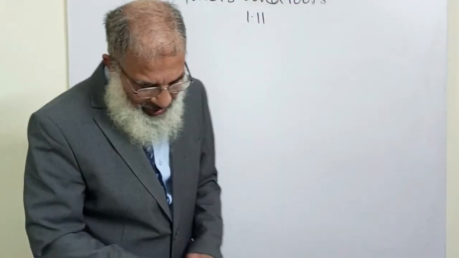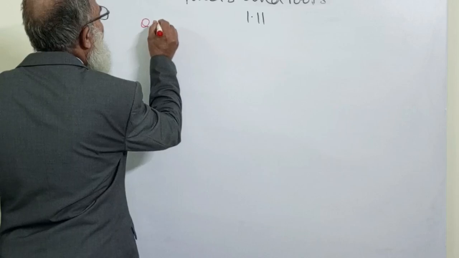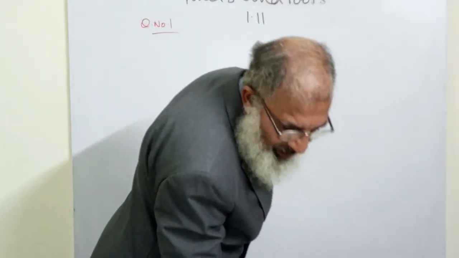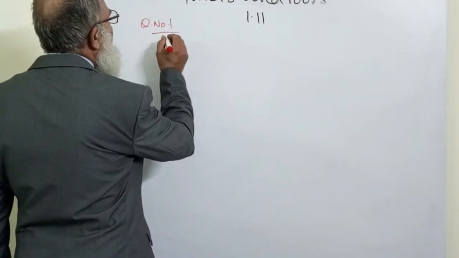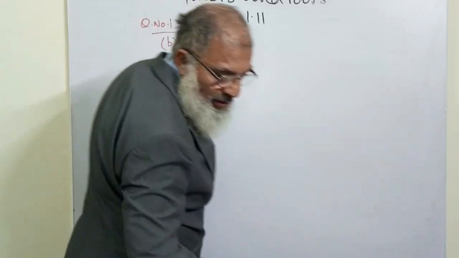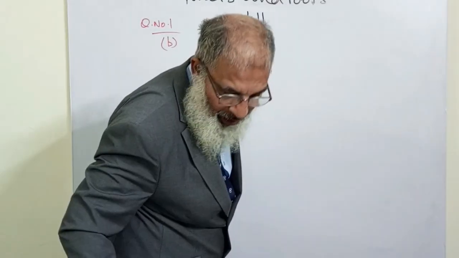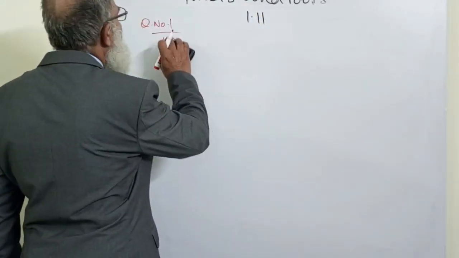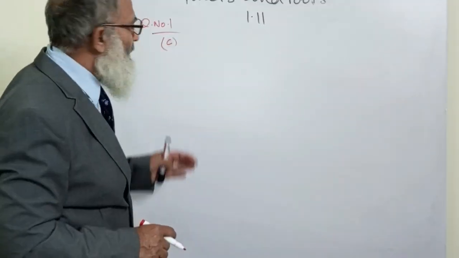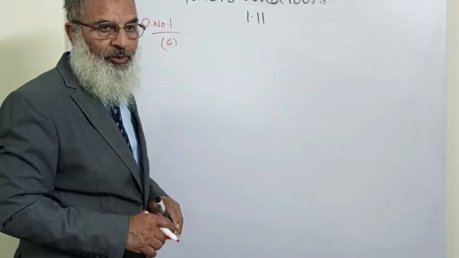The first question is question number 1, and let me take part C because part A I already discussed, and some of the parts I have already told you in the introduction of powers and roots.